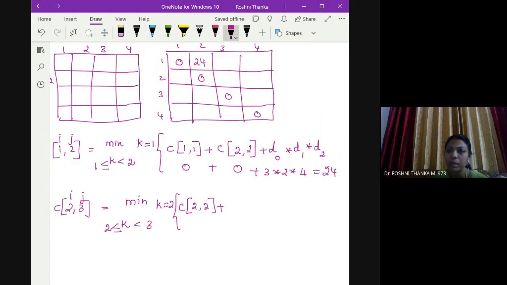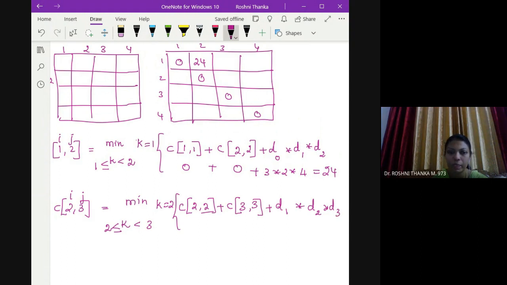Plus the cost of k plus 1, k plus 1 means 3, comma j value. What is the j value here? 3. Plus d of i minus 1. The i value is 2, minus 1 means I'll get d1, into dk. What is the dk value here? 2, into dj, the value is 3.